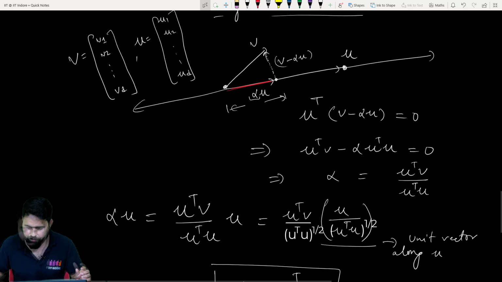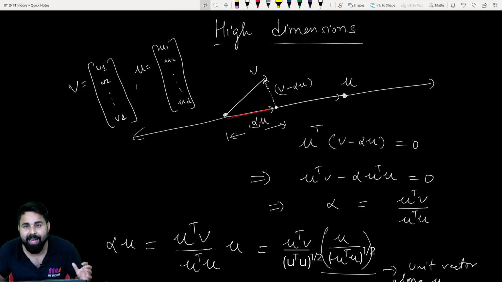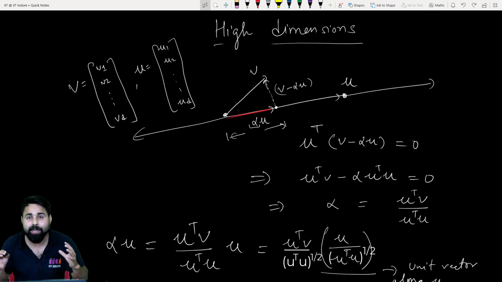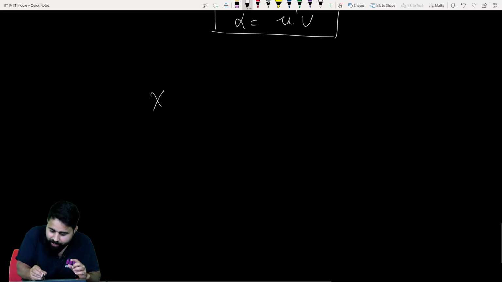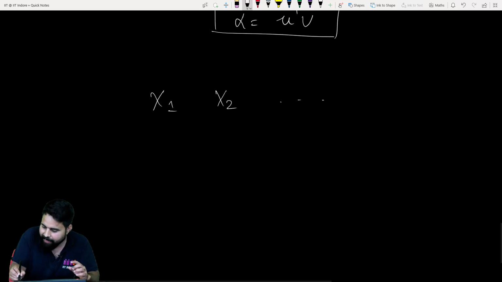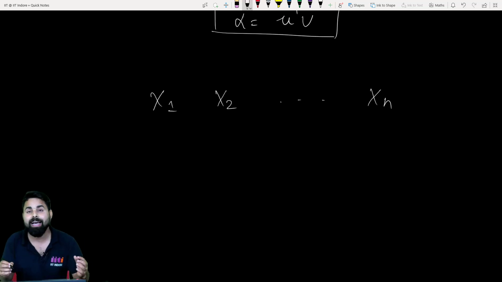Okay, now suppose we have n data points in d dimensional space. Suppose these points are x1, x2 up to xn, and every point has d features or d coordinates. So they are lying in d dimensional space.